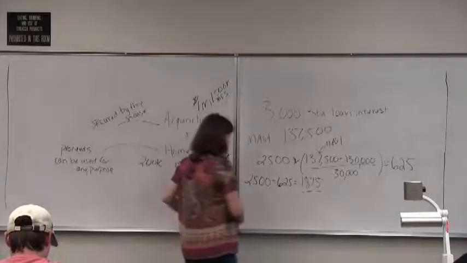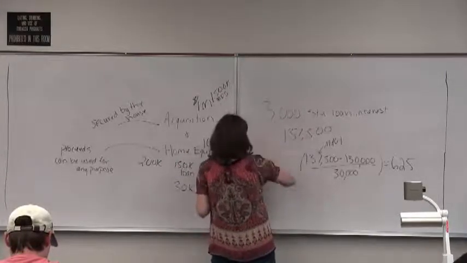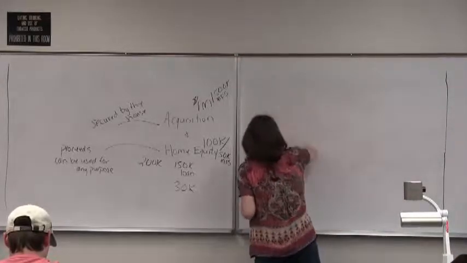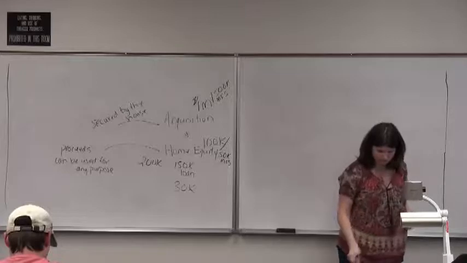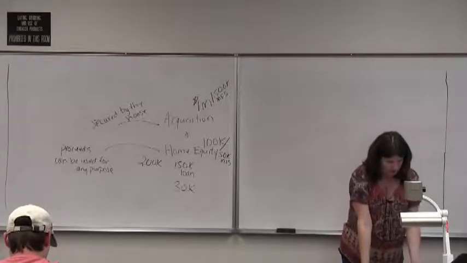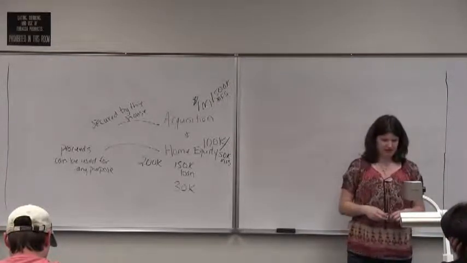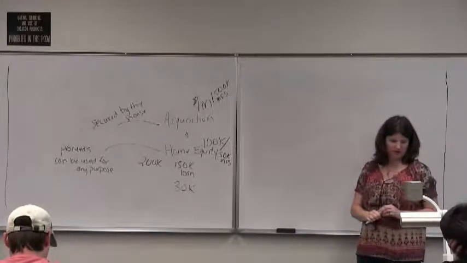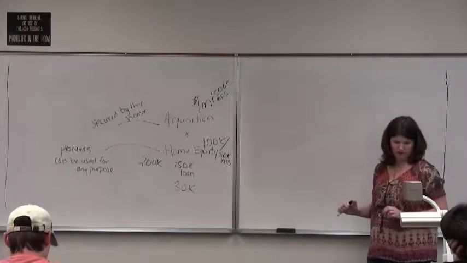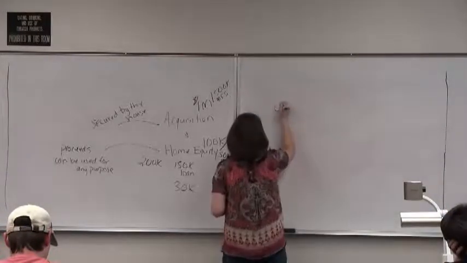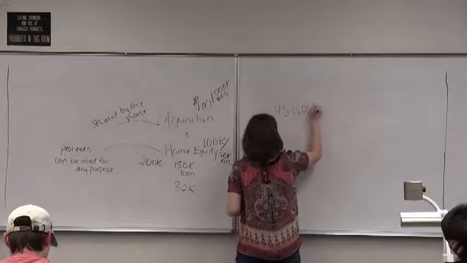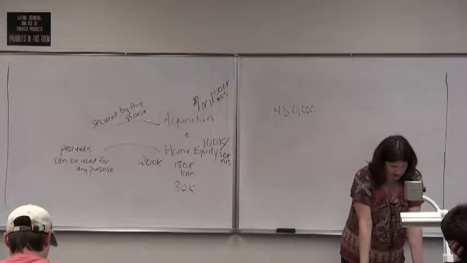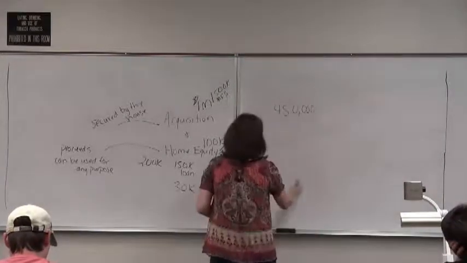So let's look at an example. This is example 22 on page 1016. Larry owns a residence with a home market value of $450,000, and an outstanding first mortgage of $420,000.